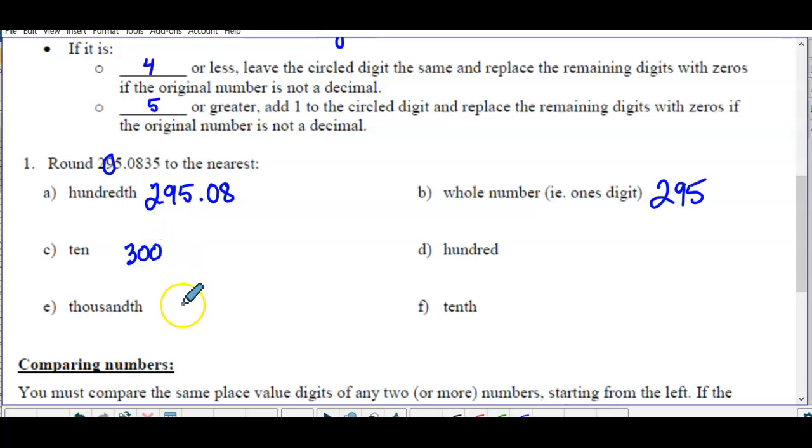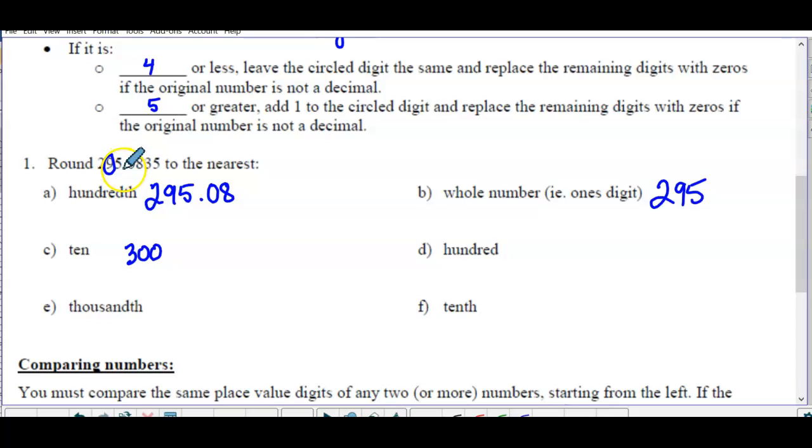Sometimes I think of it in terms of money. If you have this amount of money, obviously it wouldn't be to this many decimal places, but if you're asked to round to the nearest 10, you're basically saying, is this value closer to 290 or the next 10, which is 300?